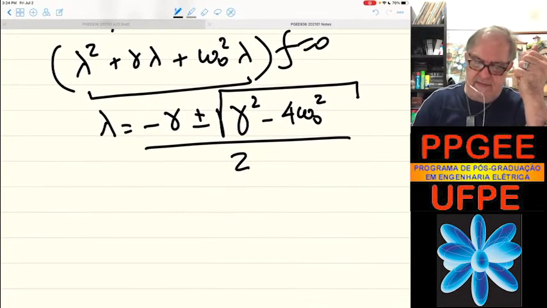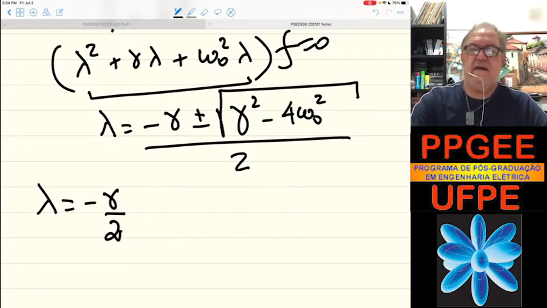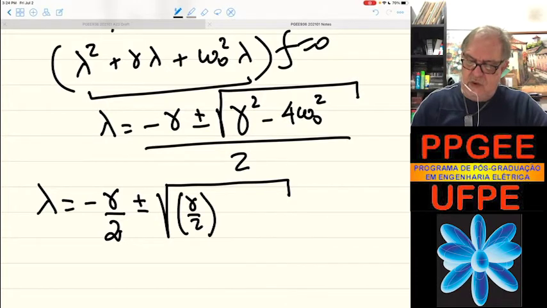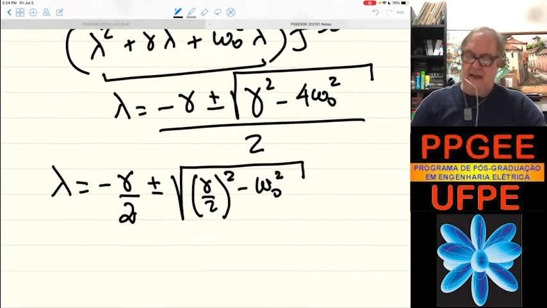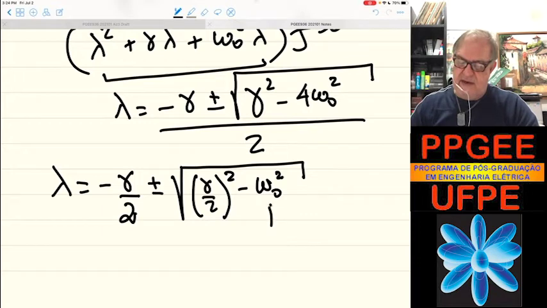We can still do a little more here: minus gamma over 2, plus or minus, I'm going to put the 2 inside, the square root of gamma over 2 squared minus omega 0 squared, right? We are interested in the regime in which the resonance frequency is larger than gamma over 2.